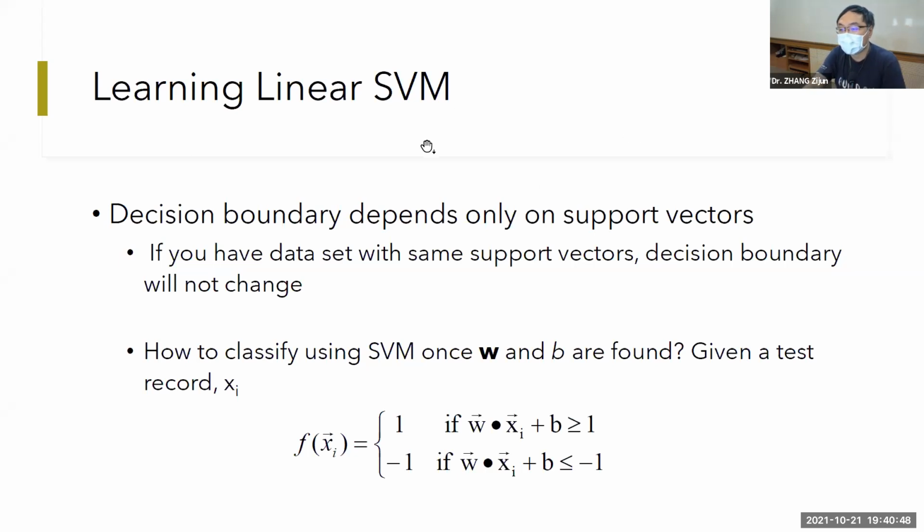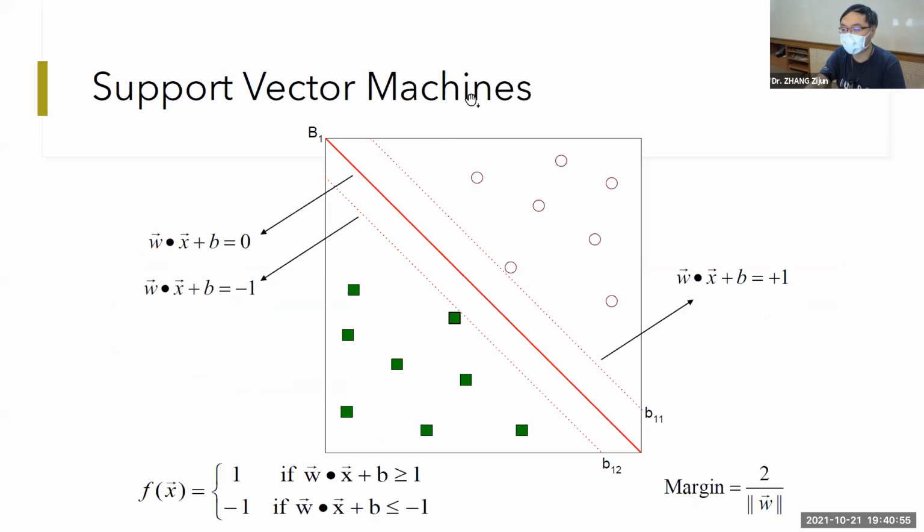That means the decision boundary can also be mathematically seen as depending on just a number of data points sitting on this border. Those data points are called support vectors. This is why this algorithm is called the support vector machine, because it is the machine for finding support vectors to offer the decision boundary.